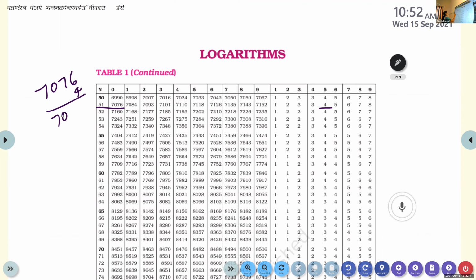We'll get 7080. Is it correct, Krishna Gandhi? Are you getting 7080? Yes, ma'am. Okay, 7080.